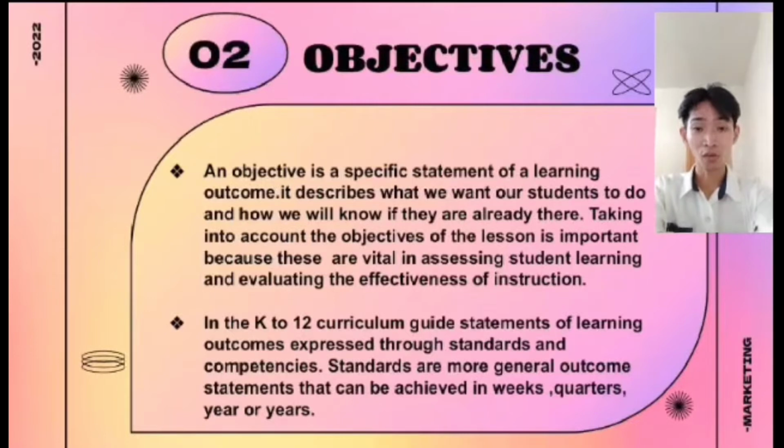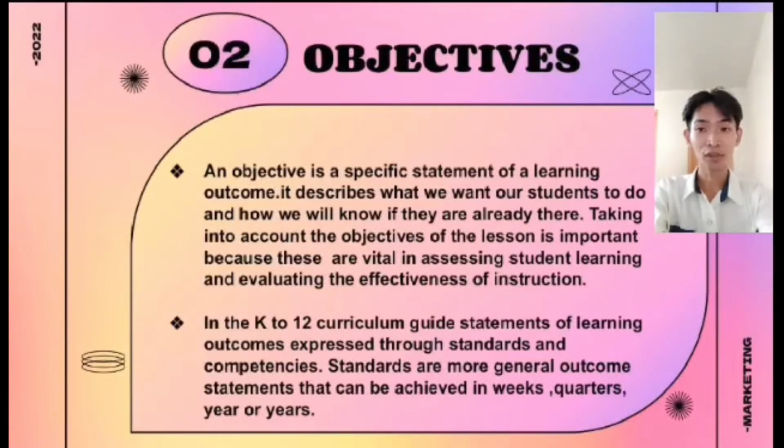Objectives. An objective is a specific statement of a learning outcome. It describes what we want our students to do and how we will know if they are already there. Taking into account the objectives of the lesson is important because this is vital in assessing students' learning and evaluating the effectiveness of instruction.